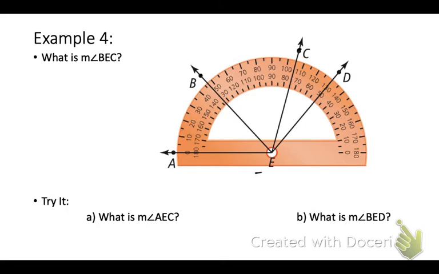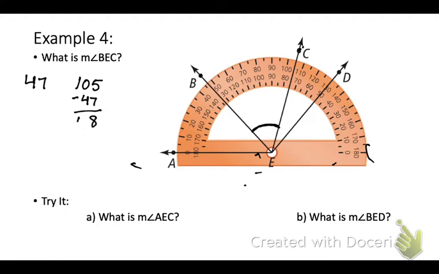So what do you guys think? 47? Does that sound good? Okay. So we have 47 where B's crossing, right? And where does C cross? 105. So if C crosses at 105 and B crosses at 47 and I want just in between here, how can I find that? Subtract. I can take 105 minus 47, and I get 58.